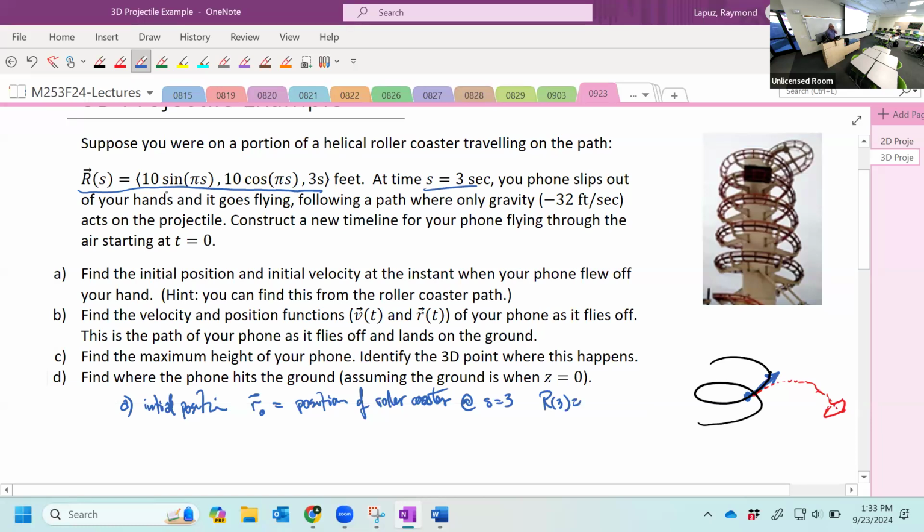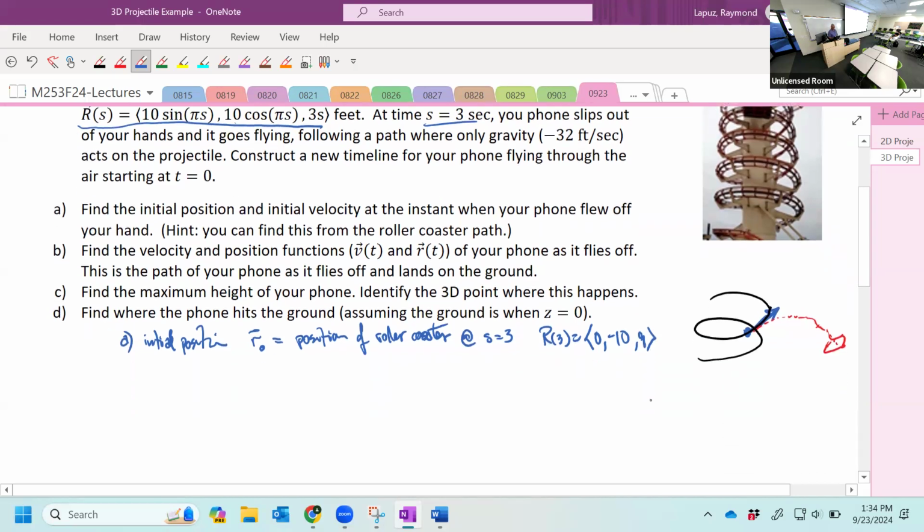So what's sine 3 pi? 0. Cosine 3 pi? 2 pi, 3 pi, negative 1, so negative 10. So it's negative 1 times 10, and then 3 times 3 is 9. All right. So your initial position for the phone would be 0, negative 10, comma 9.